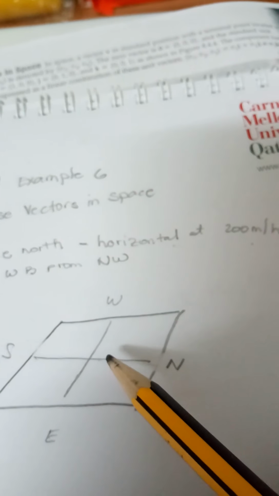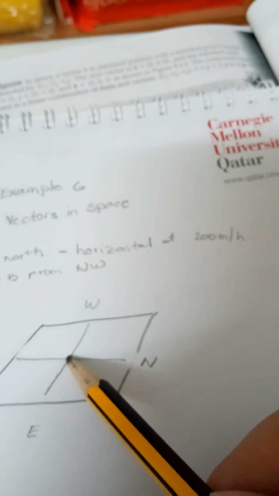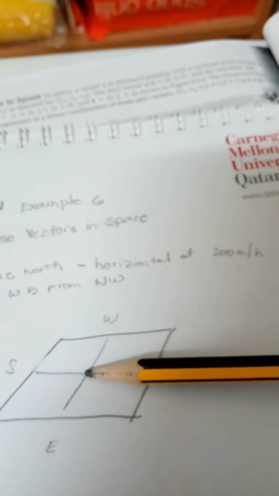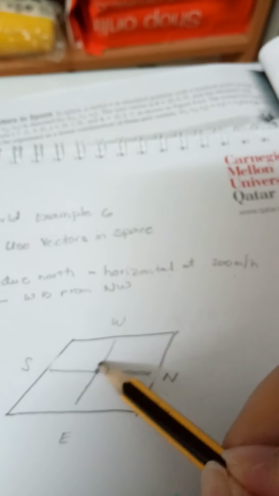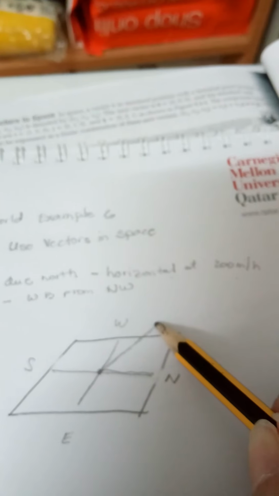So this is north, and this line is the given line, 75 degrees due north, relative to the horizontal. So from here up is 75 degrees.